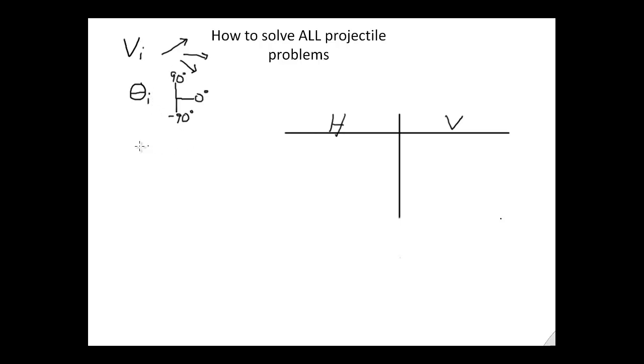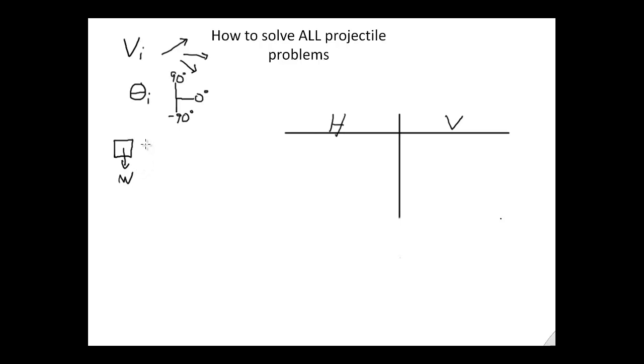Now we've learned already that in projectile motion there is horizontal motion and vertical motion, and the two are independent of each other. One does not affect the other at all. We know that gravity is the only force acting on a projectile, so the free body diagram of a projectile is quite simple. It looks like this. That's it. Weight down.